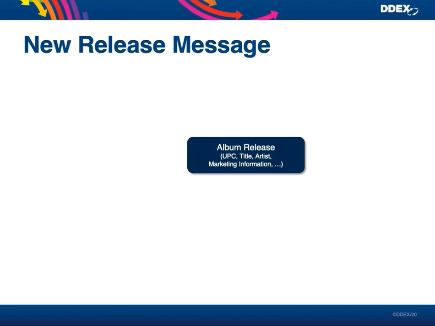And you would describe the release by the usual metadata elements. You would need to give it an identifier, typically a UPC barcode. You would need to give it a title. It needs to have the artist names and certain marketing information like parental warning and all of that kind of information.